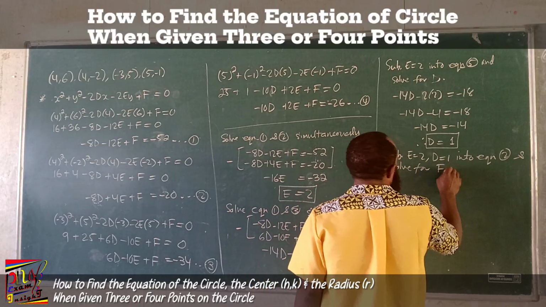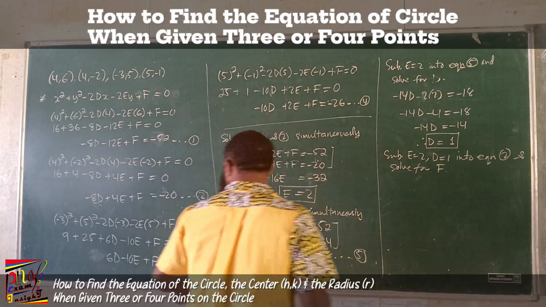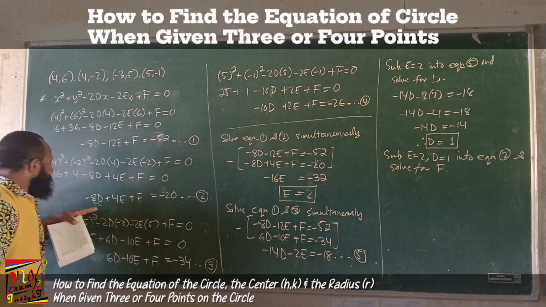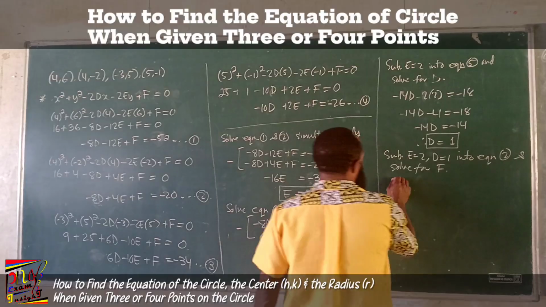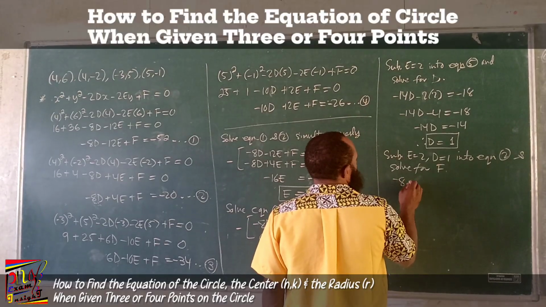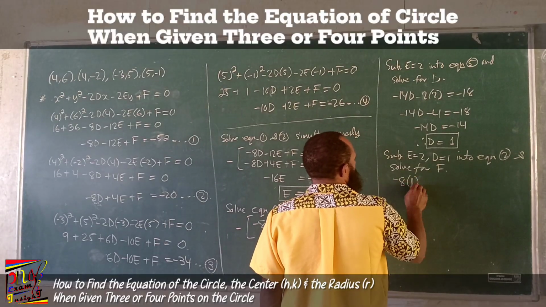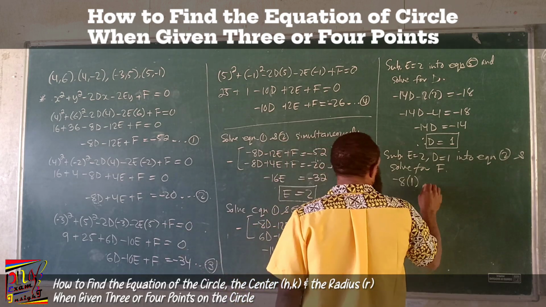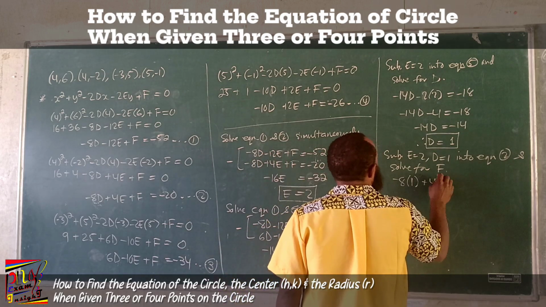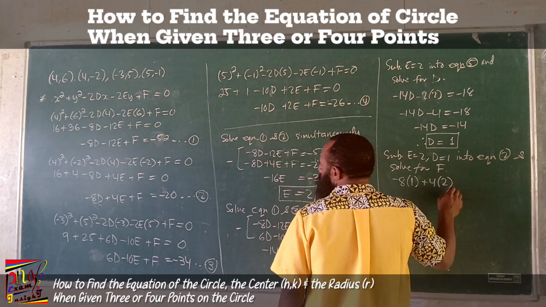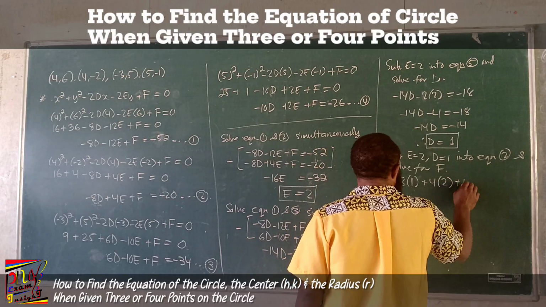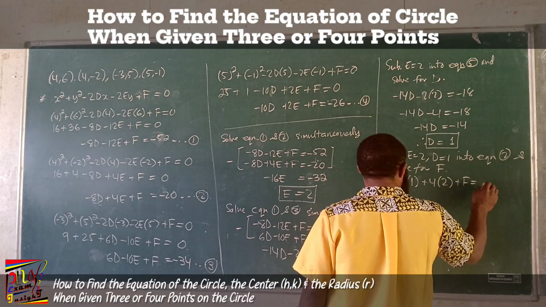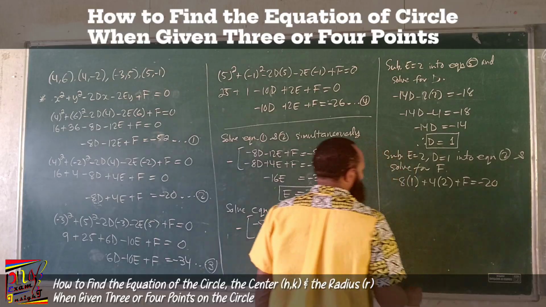Solve for F. Our equation: 2 minus AD, instead of D we put 1, plus 4, instead of E we put 2, and then plus F equals minus 20.